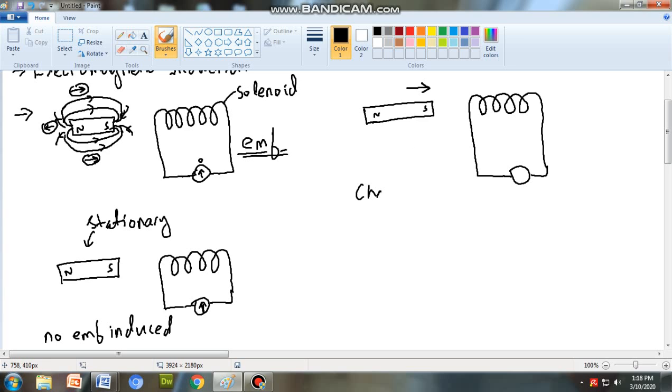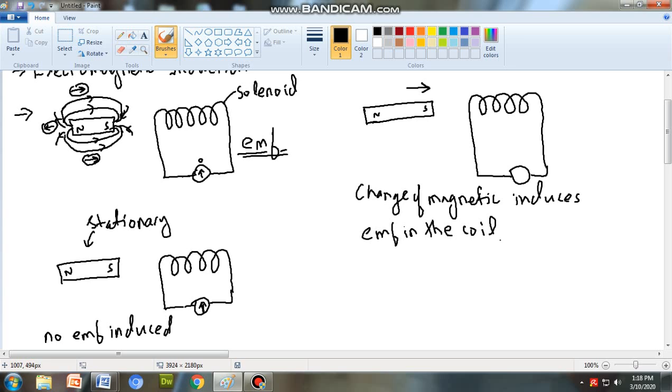The change of magnetic field induces EMF in the coil. I can say that this will move toward this side, just relative, it will move toward this side and EMF will be induced.